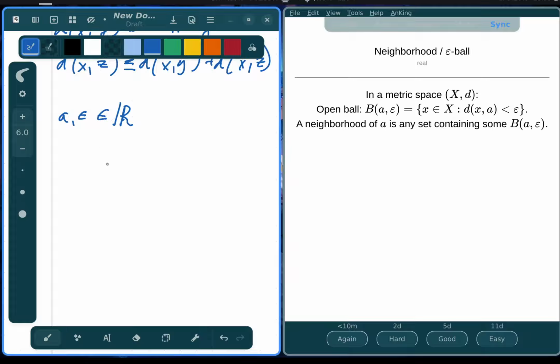Okay, so this ball of A and epsilon gives you a set where x is in X, which we're just calling the real numbers here, such that your metric is less than epsilon.